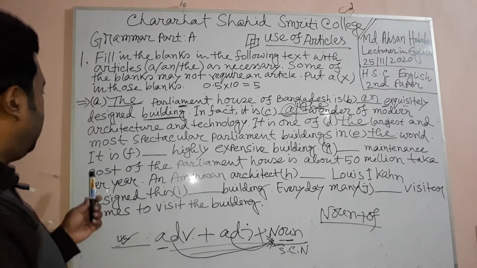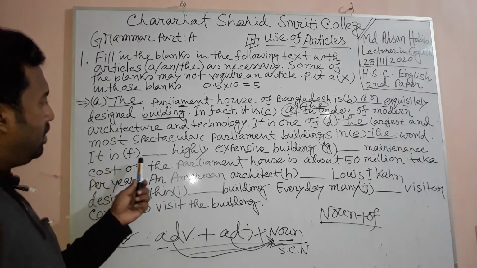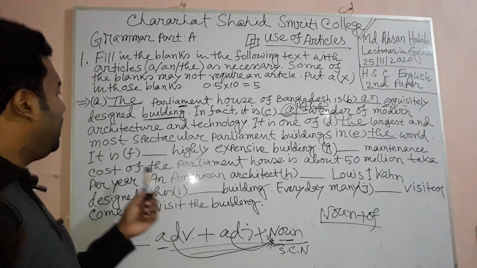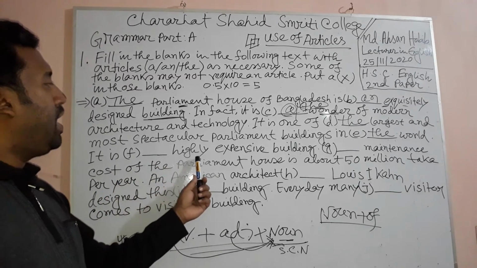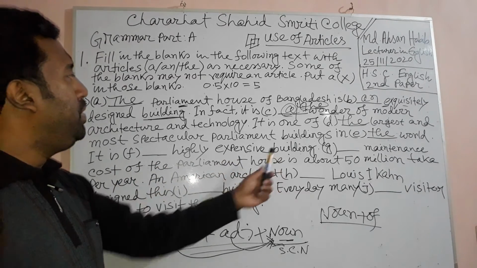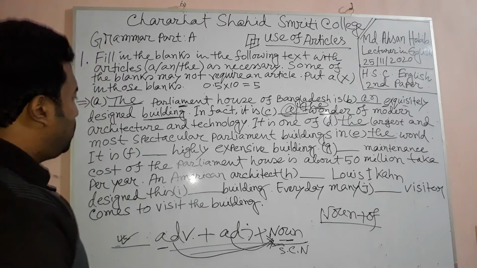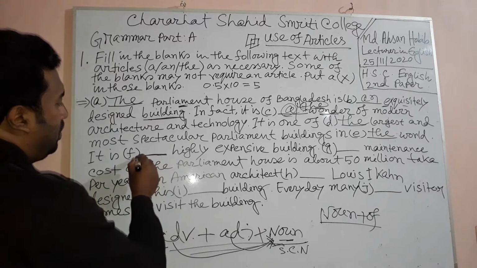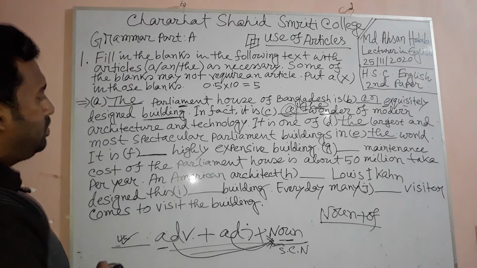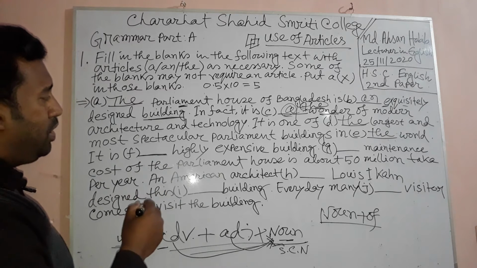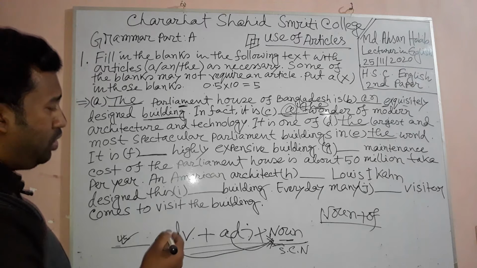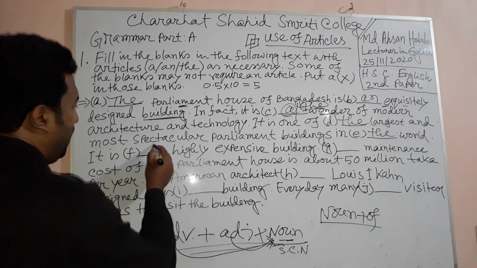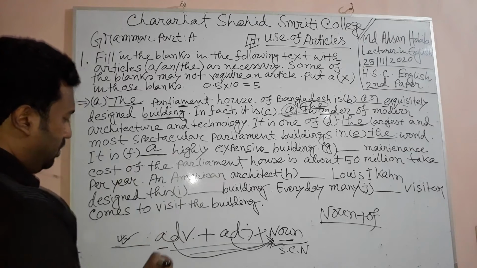So now it is dash highly expensive building. In this gap, what can I write? A or an or the or cross? Yes, we have to put a. Why?